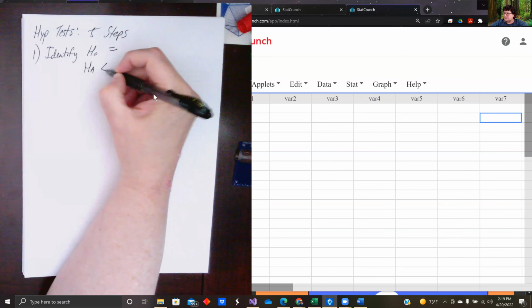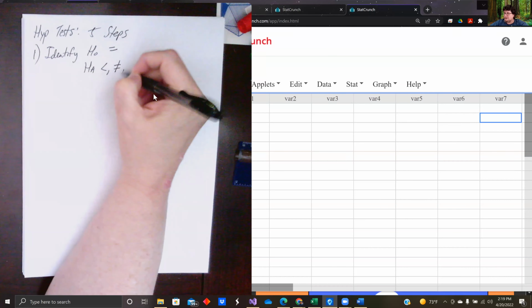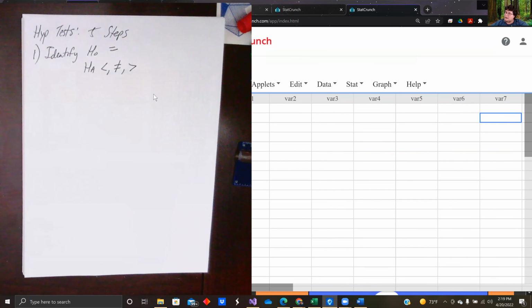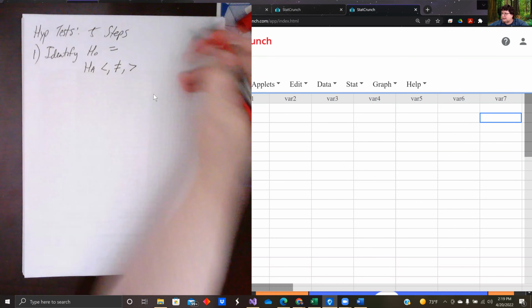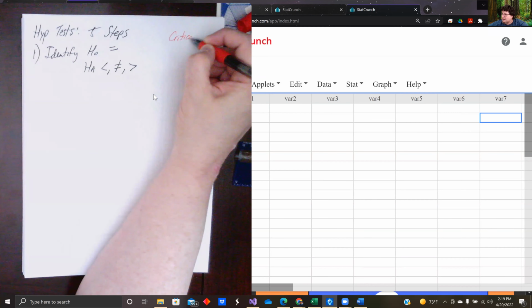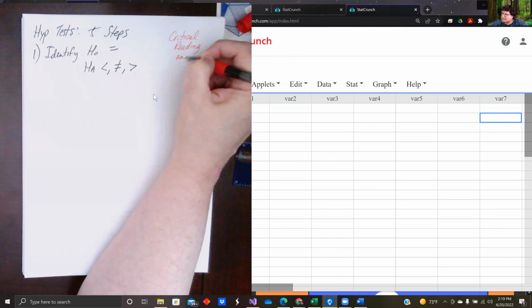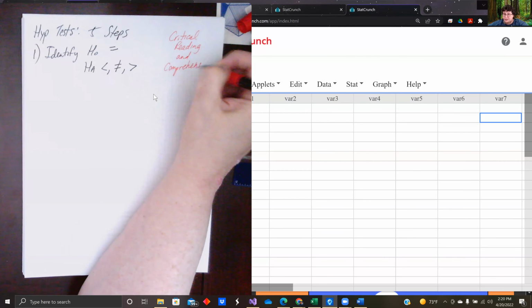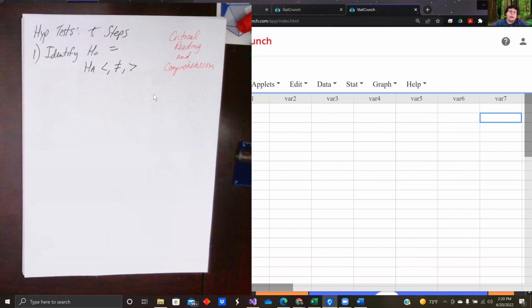HA always has something else, either less than, not equal to, or greater than. And it's related to the problem. There's a lot of critical reading and comprehension skills going on here. Not a lot of math, really, if you think about it. At this point, most of the math is being done by the computer. Your task, though, is to do some critical reading and comprehend what the problems are about.